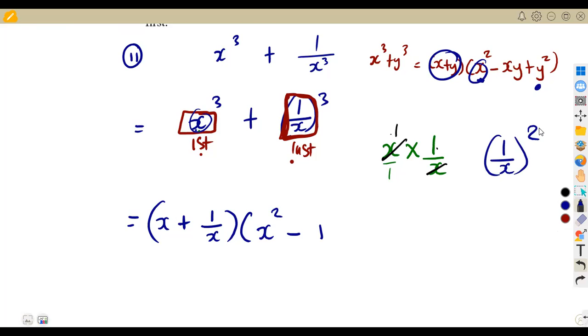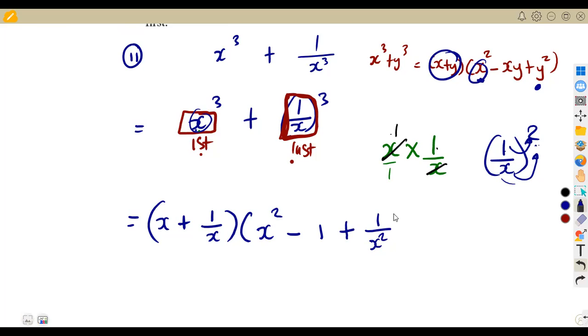But remember what we talked about, guys, whenever you are simplifying a square like this, just like what we had on 1 over x cubed, this can be raised to the exponent of 2, and also this can be raised to the exponent of 2. So here it's a plus. So 1 to the exponent of 2, which is 1, over x to the exponent of 2.